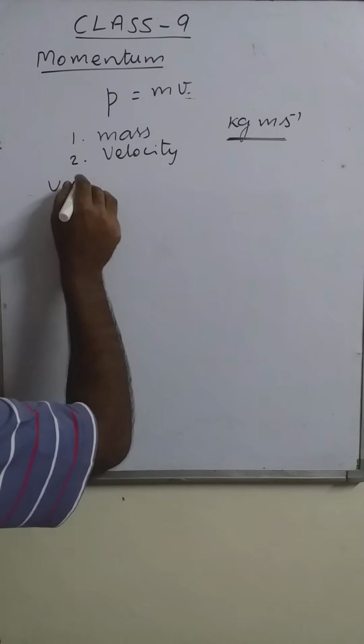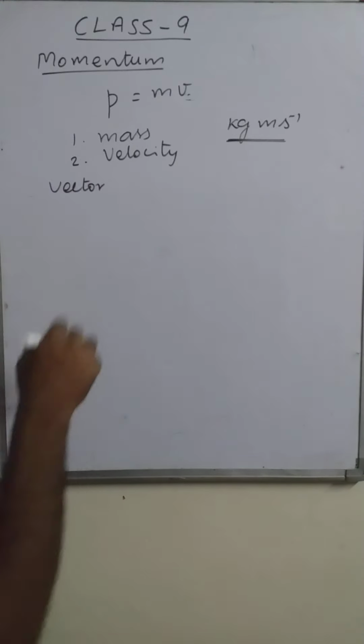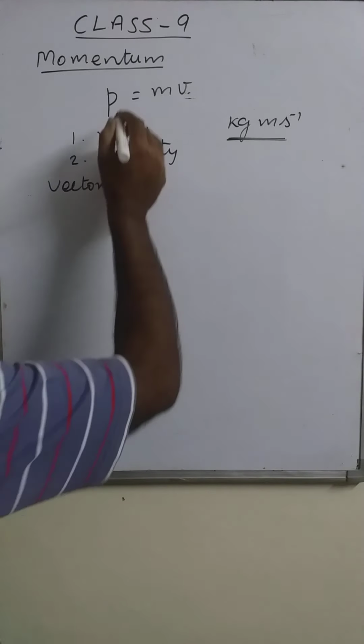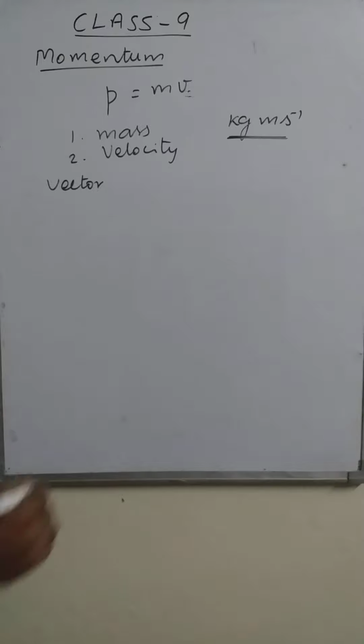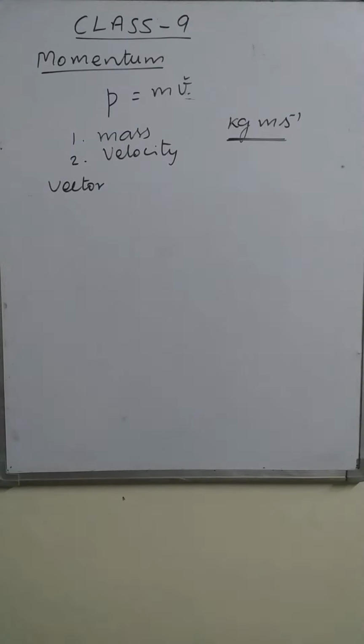Why do we say it is a vector quantity? Because it is the product of mass and velocity, and velocity is a vector quantity.